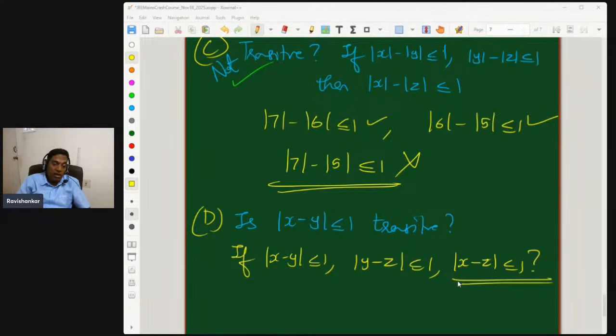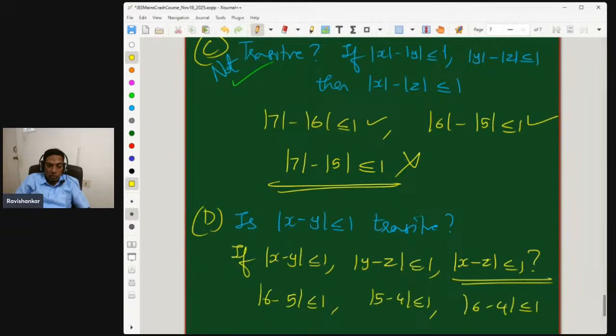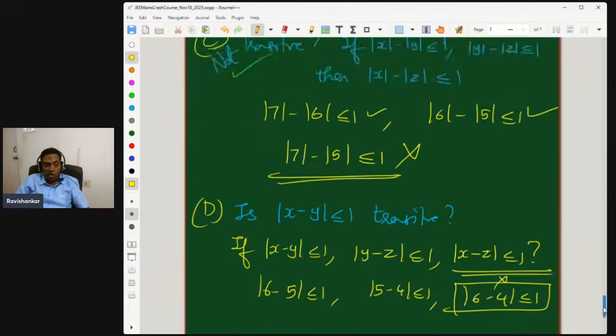And you can easily check. Same thing, you can put mod of 6 minus 5, mod of 5 minus 4, mod of 6 minus 4, no. So transitive is wrong.